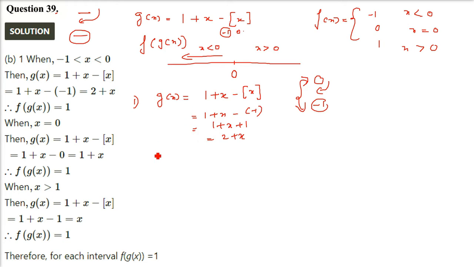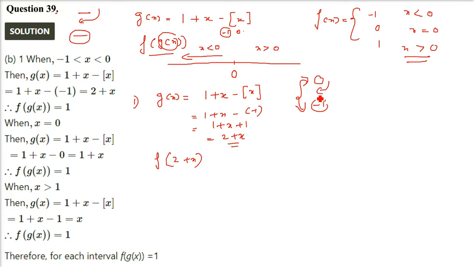Now directly take this value and put it inside your f(x). That is, in place of g(x), 2 plus x, f(2 plus x). Now forget everything and just see that you are adding something to x. You are adding 2 to x. So you are actually talking about a value which is greater than 0.